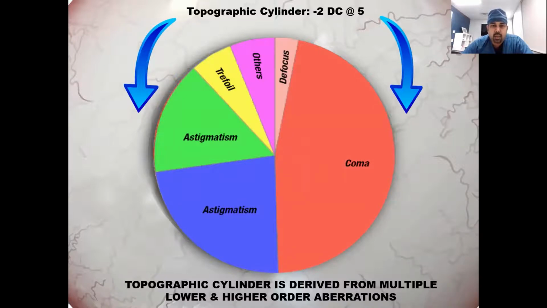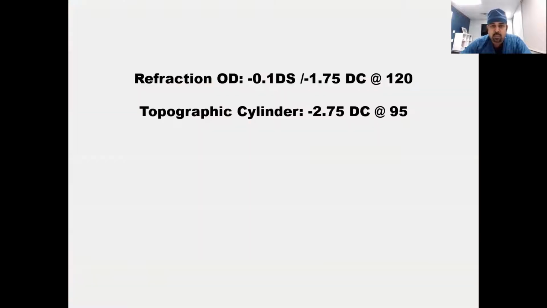In the last few years there have been a few papers, as in the LIRA protocol and other protocols, where they have understood how, as the higher order aberrations in the cornea increase, the difference between the refractive and the topographic cylinders changes.